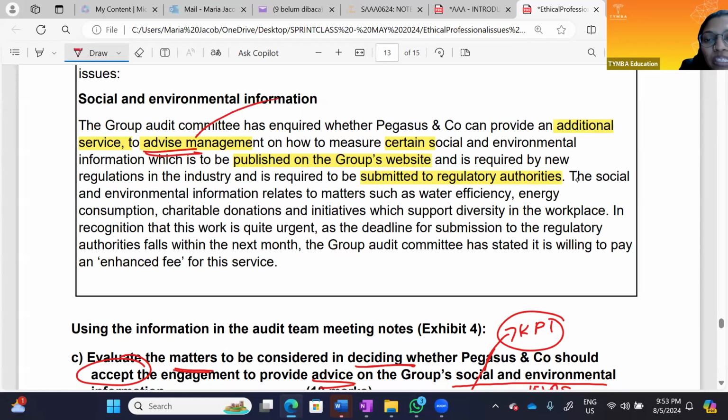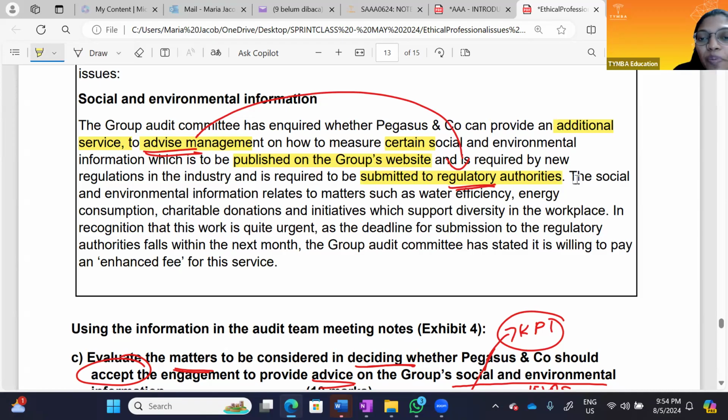No, yeah, because they are asking us to advise, right? So we might want to consider, is there any requirement for assurance, because it needs to be submitted to regulatory authorities eventually. The social and environmental information relates to matters such as water efficiency, energy consumption, charitable donations and initiatives which support diversity at the workplace. But they are not making things clear. We don't know the size.